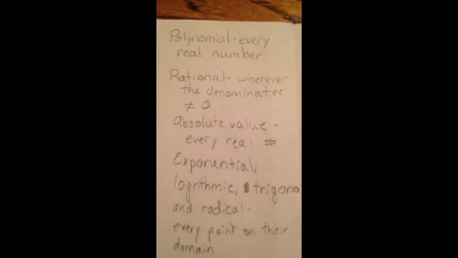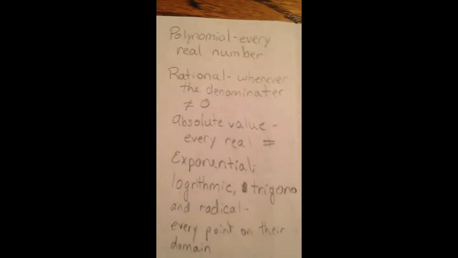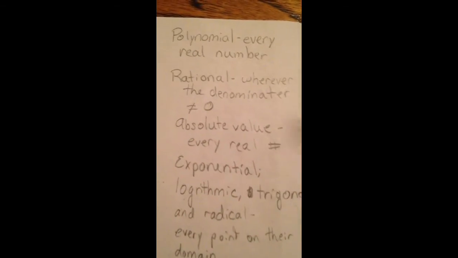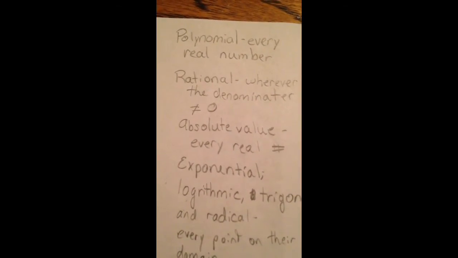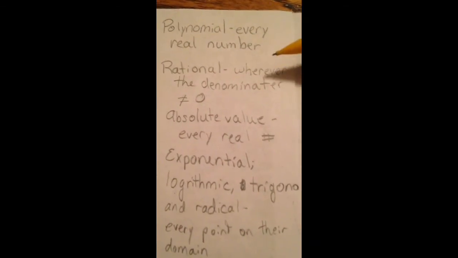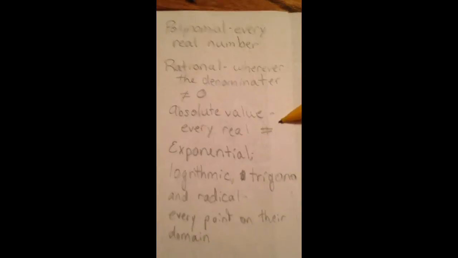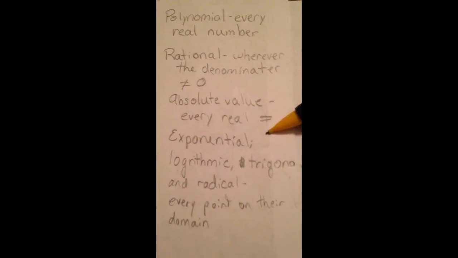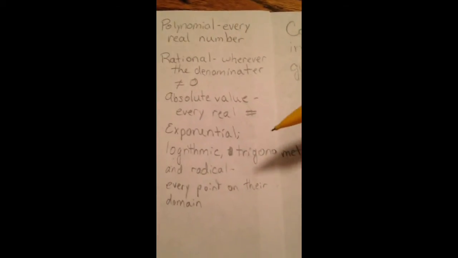So as long as you're not looking for an i or something like that, your polynomials are always going to be continuous. Your rational functions are continuous wherever the denominator is not equal to 0. Your absolute value functions are continuous at every real number. And your exponential, logarithmic, trigonometric, and radical functions are continuous at every point on their domain.